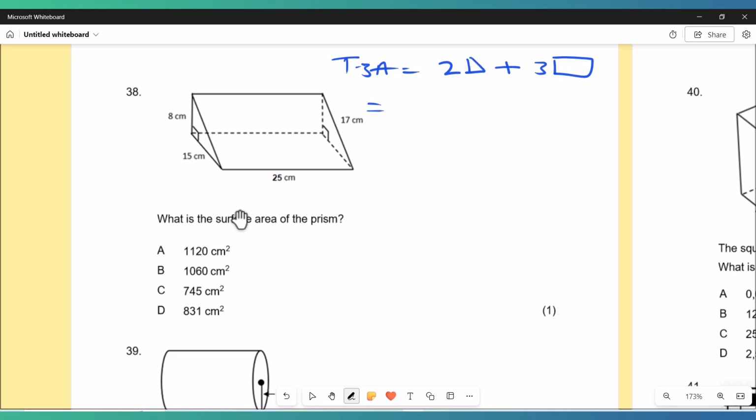Now these are half times base times height, but times 2. The base is 15 here. What about the height? The height is 8.